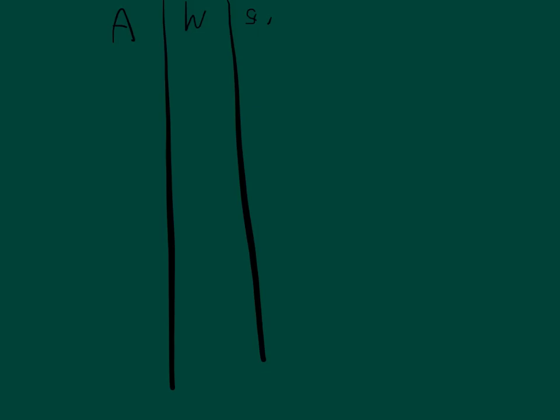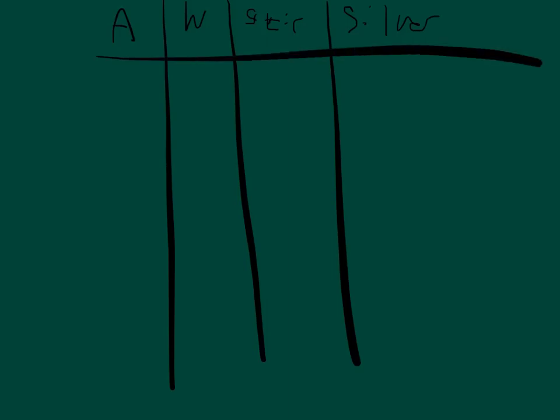I could call it copper, or I could call it stir. And this column right here is silver. So these are my columns, and I'm going to get the mass, the specific heat, the final temperature, the initial temperature on all of these, and I'm going to calculate what Q would be for every single one of these.